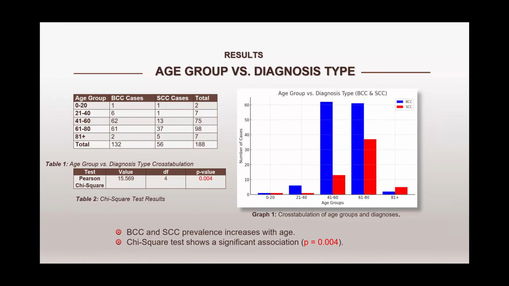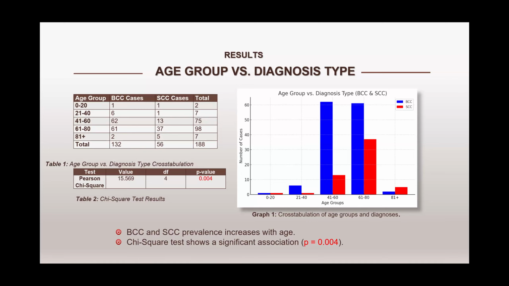The diagnosis of BCC and SCC appears more frequently in the age groups 41 to 60 and 61 to 80 years old. So this is a very important result in our study because we all know that skin cancers develop mainly in more advanced ages.